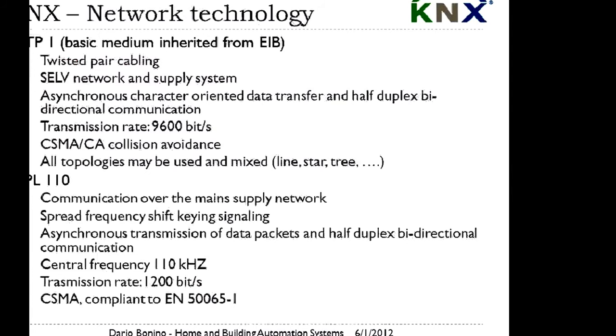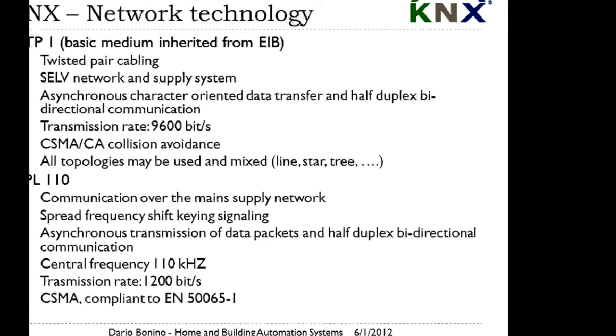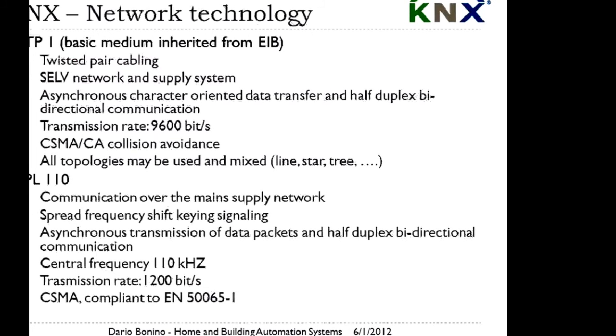Okay, let's see what is the network technology supported by KNX. Twisted pair. It is done by using just a twisted pair cable. It uses a very low voltage transmission, so there is no risk for people. They work on 29 volts, basically.